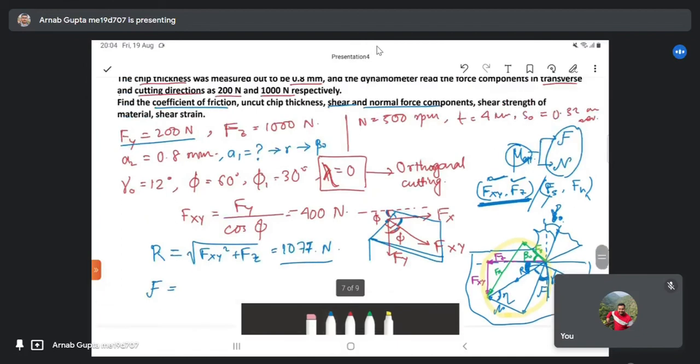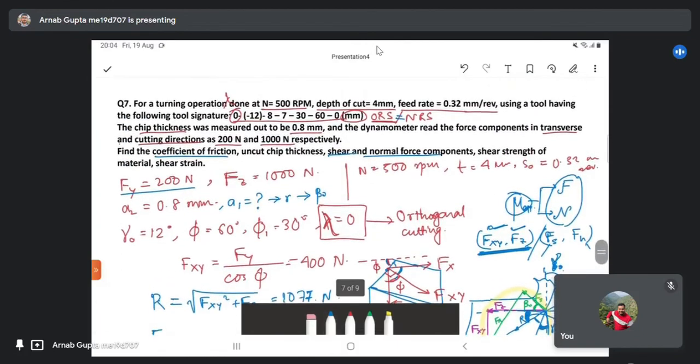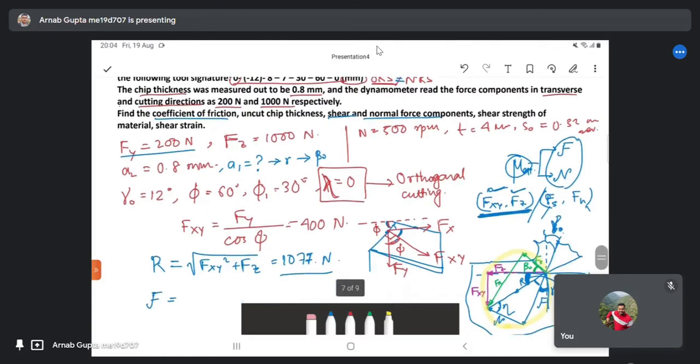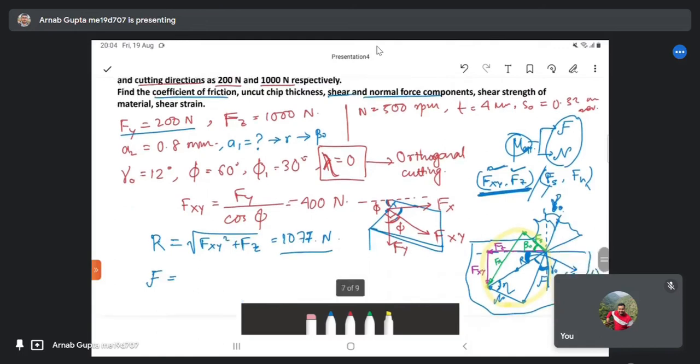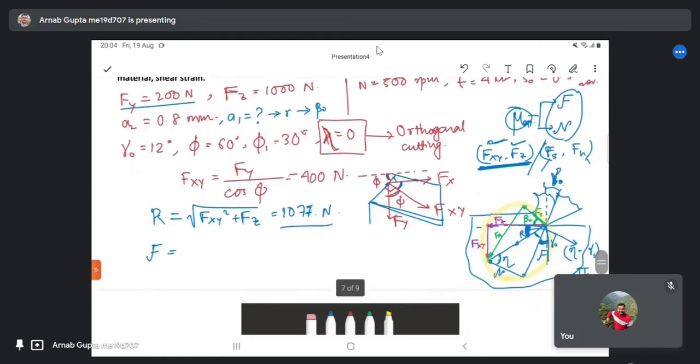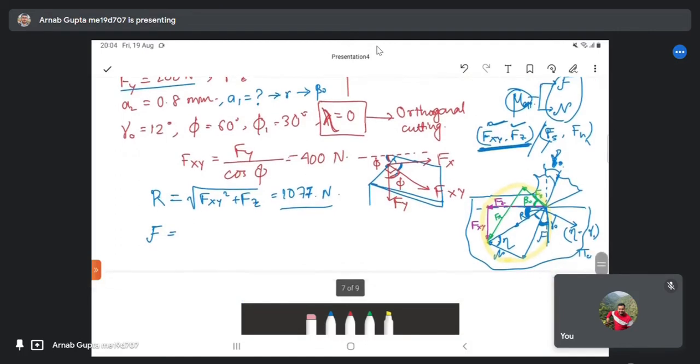What other values are we given that we need to see first? If we see this particular triangle, Fz, Fxy, and R, we know this angle.